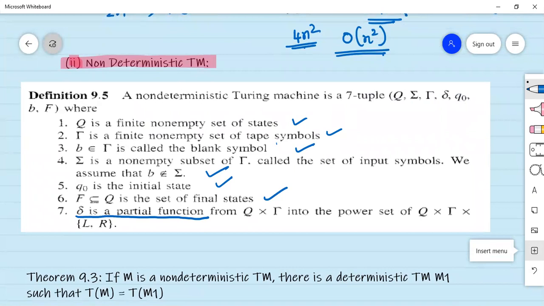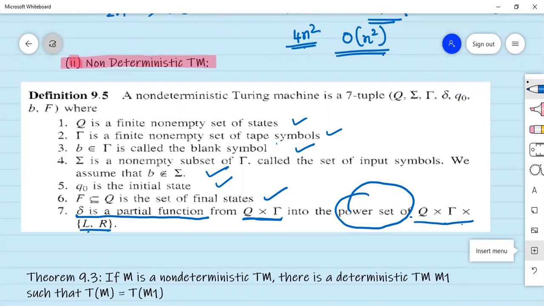Usually it maps Q into tau into Q into tau into L comma R. But now you are saying it maps into a power set of Q into tau into left or right direction, which means you will have multiple possibilities for movement.